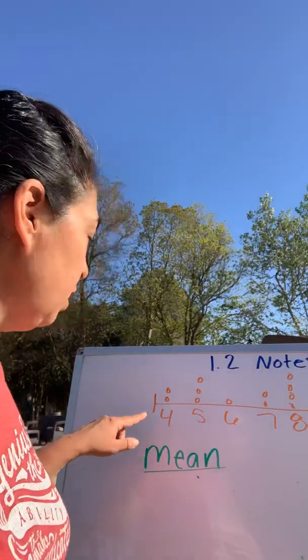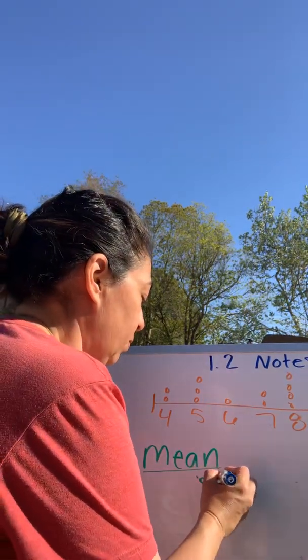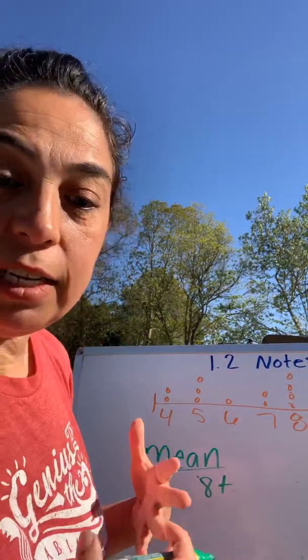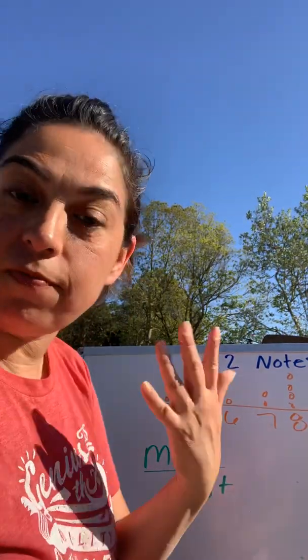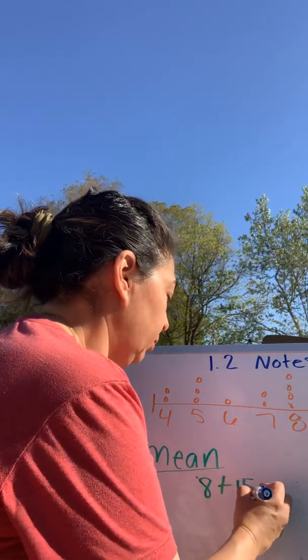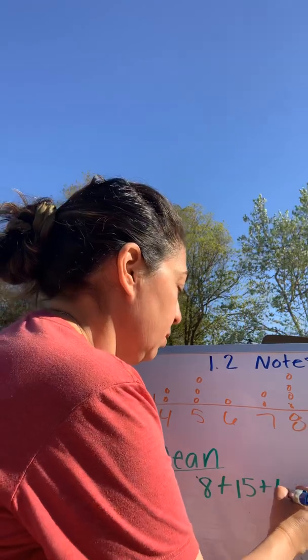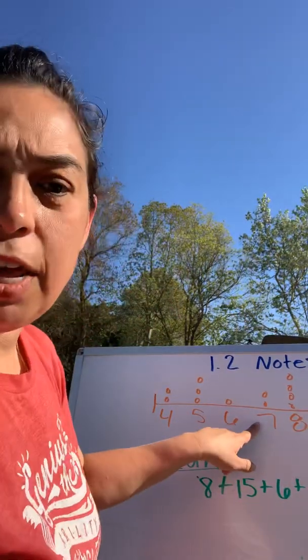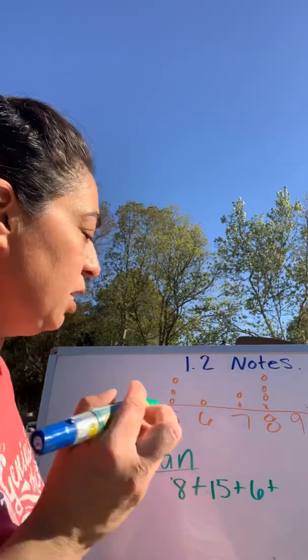I'm going to say 4 times 2 is 8. Then I'm going to add it to my next piece of value, which is 5 times 3. 5 times 3 is 15. I have 1, 6. Then I have 2 pieces of 7, so it's 7 and 7 equals 14.